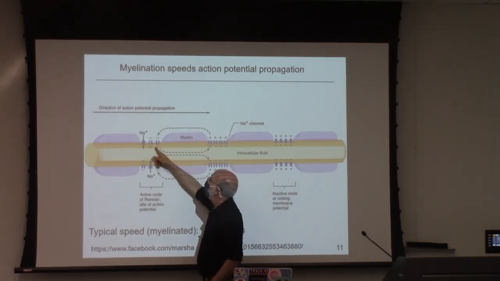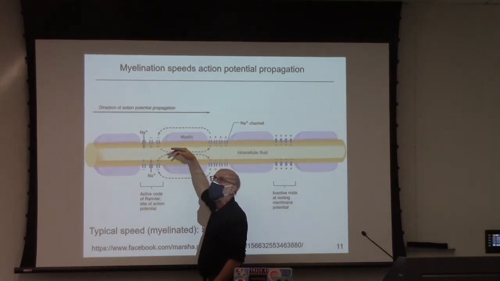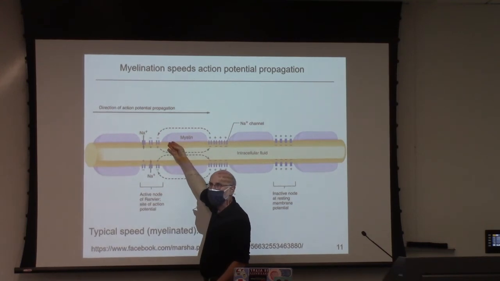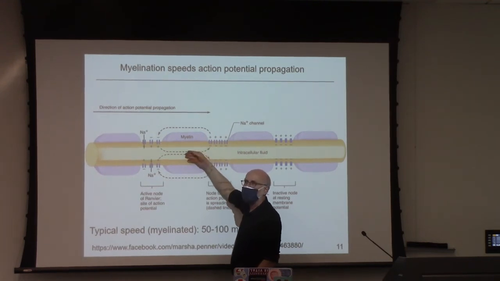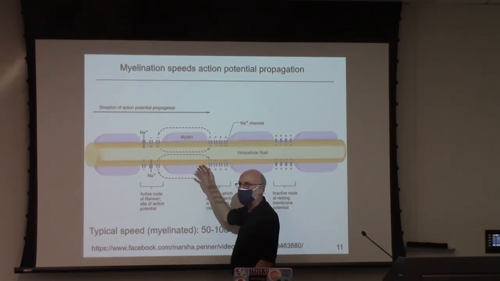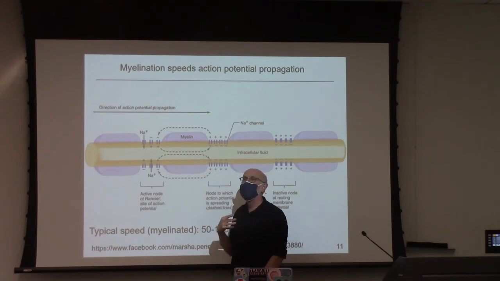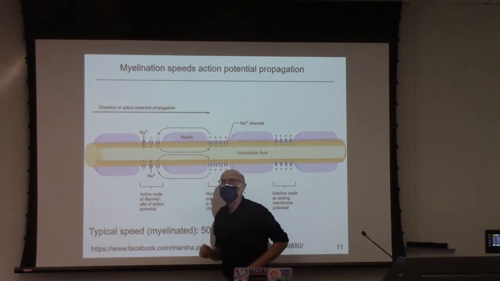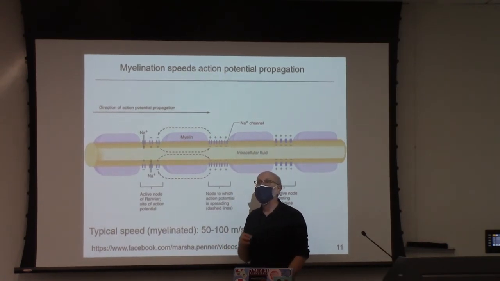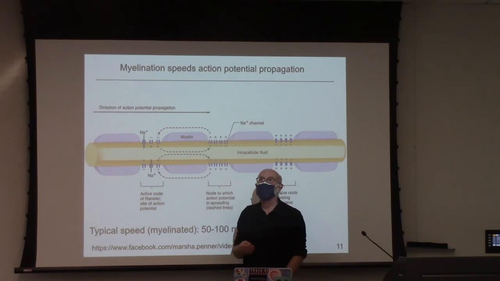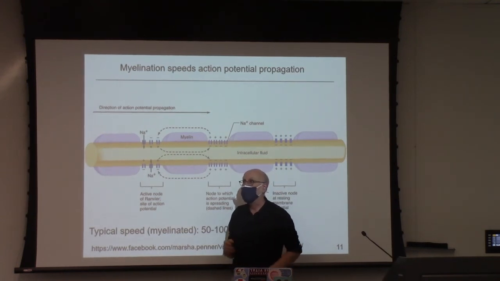And the diffusion and then opening of voltage-gated sodium channels and more sodium influx, and then diffusion, and then voltage-gated sodium channels, and then influx, and then diffusion. That process is slow. It turns out that diffusion of charge is fast relative to the conformational changes needed to open voltage-gated sodium channels. They're slow.